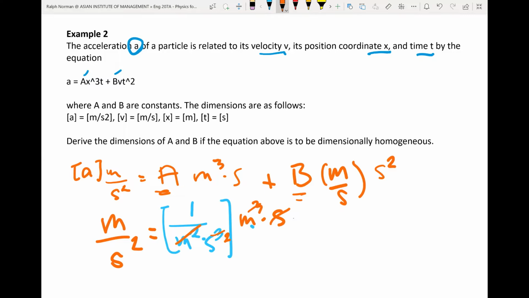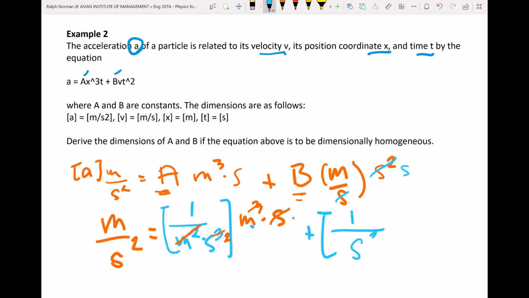Next one is yung B naman. So B here, this is actually much more simpler kasi meters is already there. And cancel out this. You have 1s pa dito.